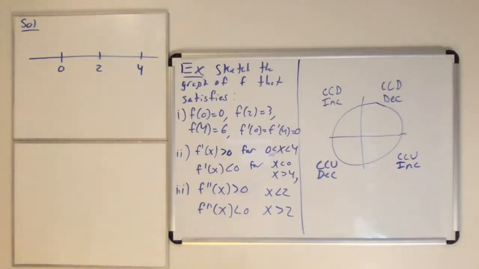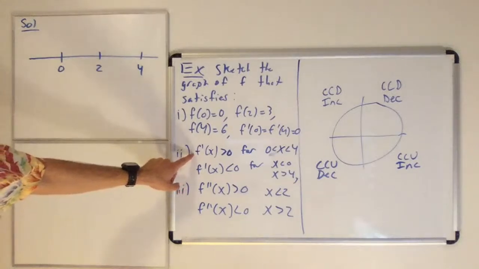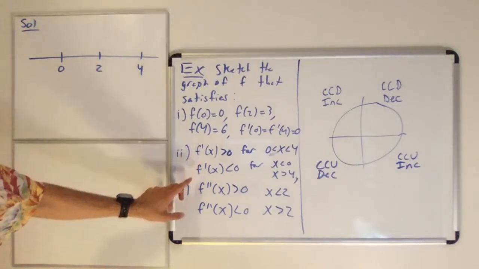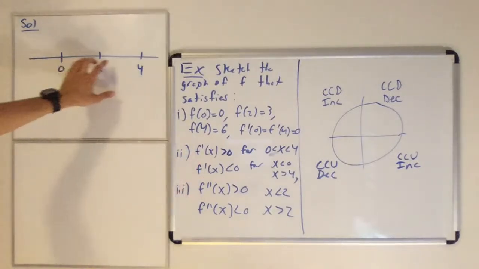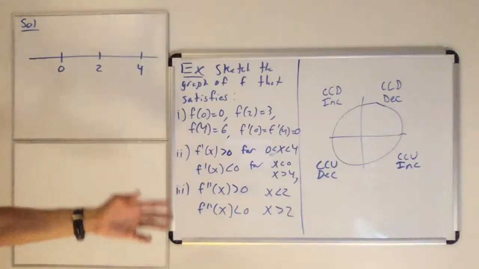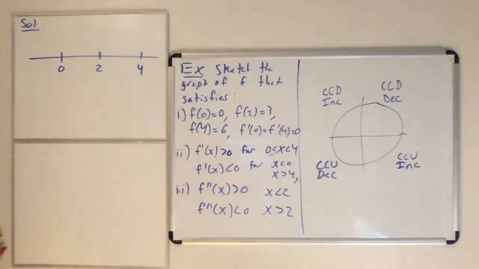And then we'll check, is our function increasing or decreasing on each of these segments? Is our function concave up or concave down on each of these segments? Okay, so I'm going to go ahead and start writing out some work. Please ask some questions if you have them. I'll get to them.